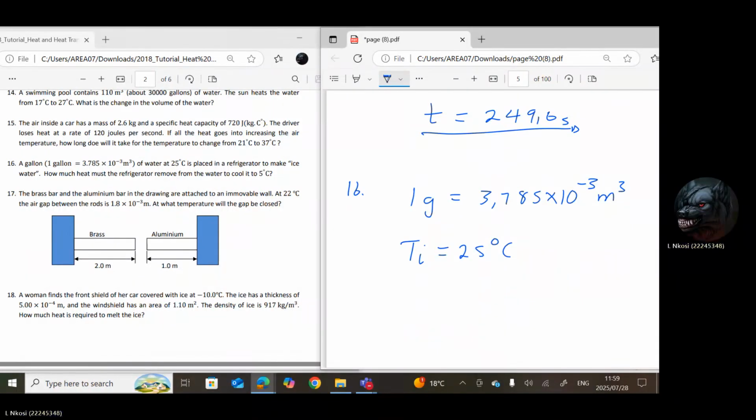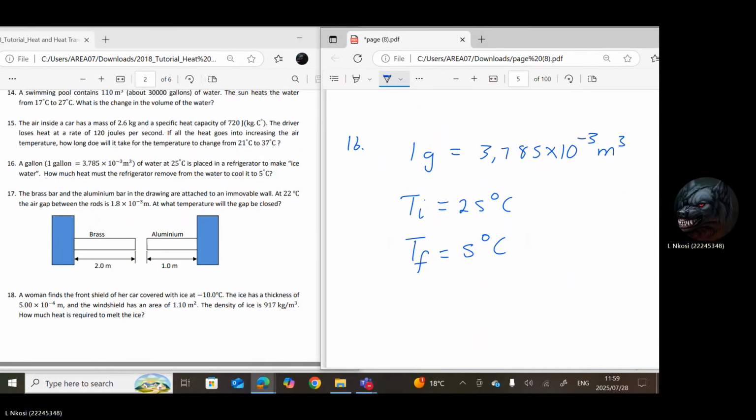Okay, so by the refrigerator losing heat it will become ice, right? How much heat must the refrigerator remove from the water to cool it to a final temperature of 5 degrees Celsius? So we want the heat lost here.